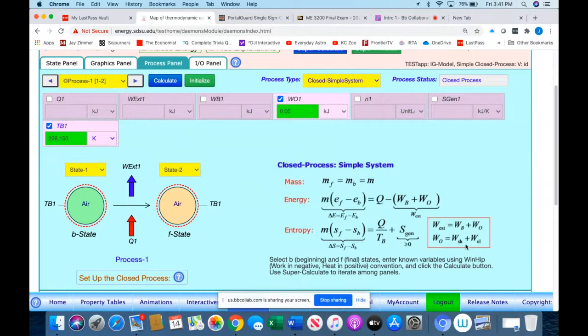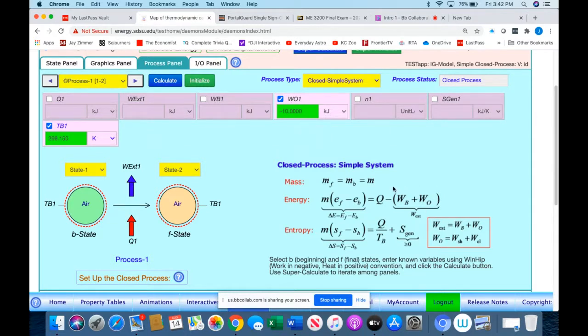We just know that it's a combination. So it was 10 kilojoules into the system. So the W0, which we can put in here, is going to be a negative 10, because our definition of work is positive out of the system and negative into the system. So we basically put in a negative 10 for the W0.